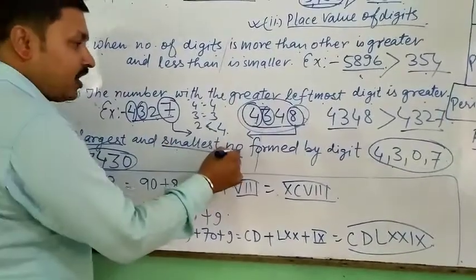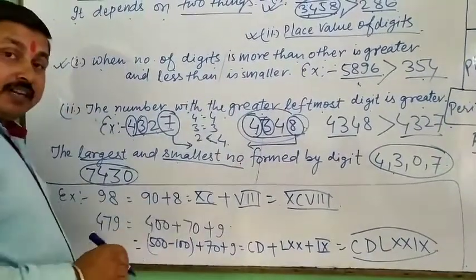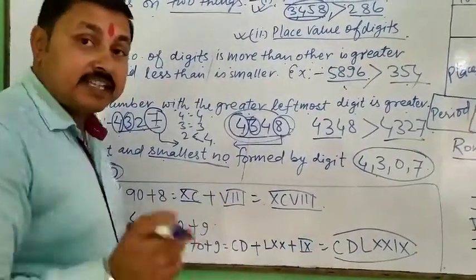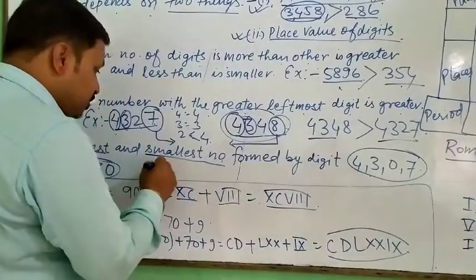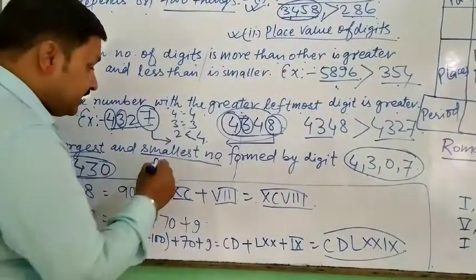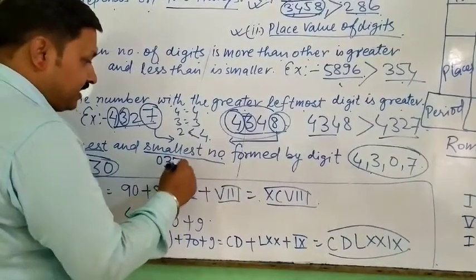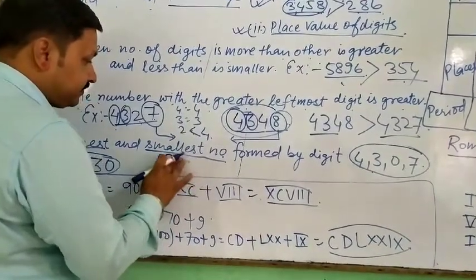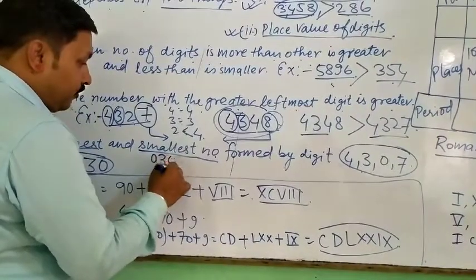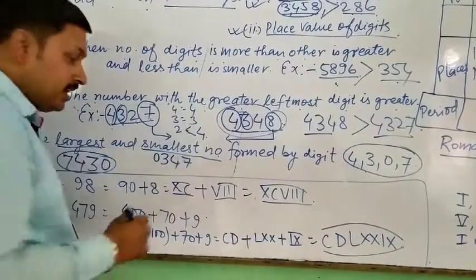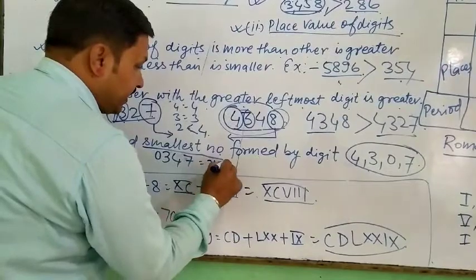Next, the smallest number. At first, we take the smallest digit, that is 0. Then 3, then 4, then 7. But it is only 347.